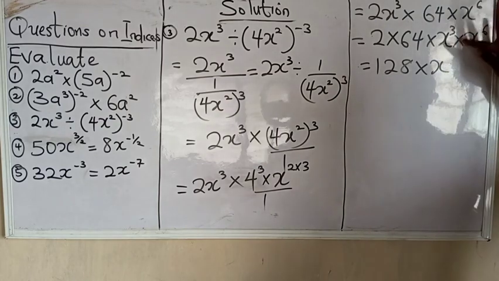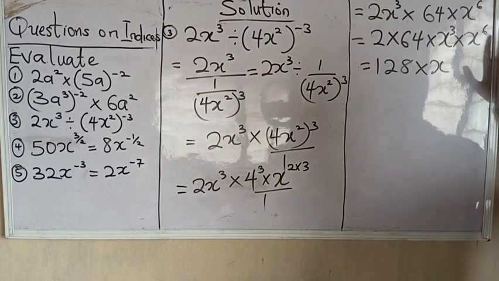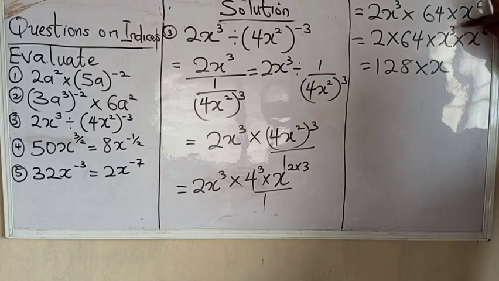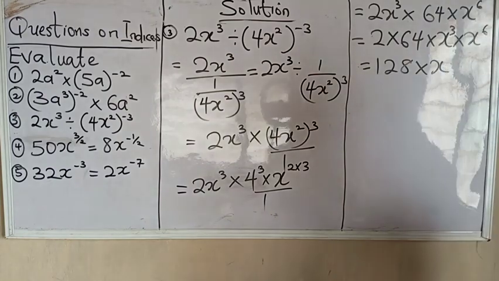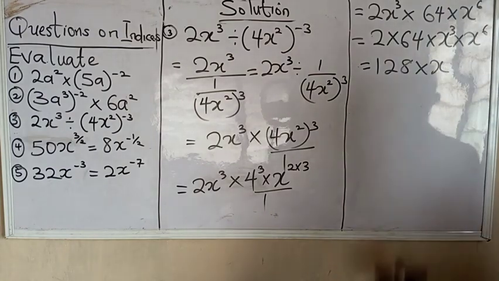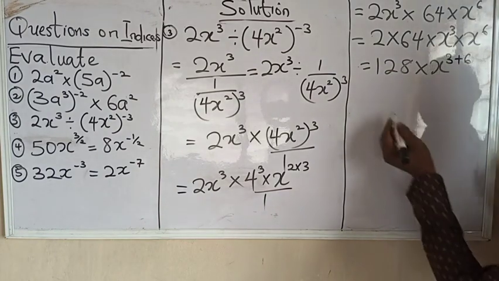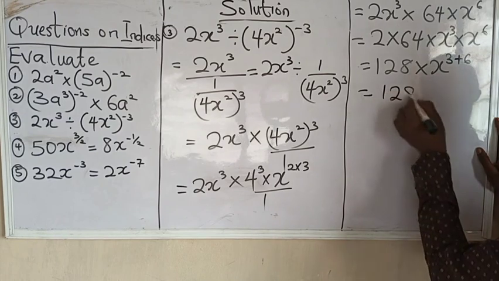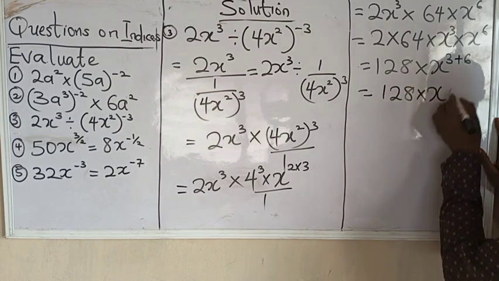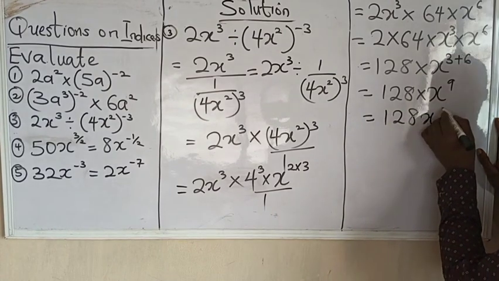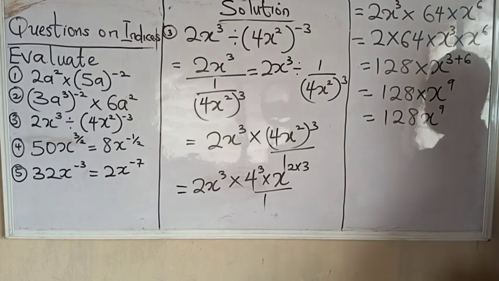Since the letters are the same, we can apply the law of indices, which says that x raised to power a times x raised to power b equals x raised to power a plus b. So it's going to be 3 plus 6. So we have 128 times x raised to power 9, and our answer is 128 x raised to power 9.